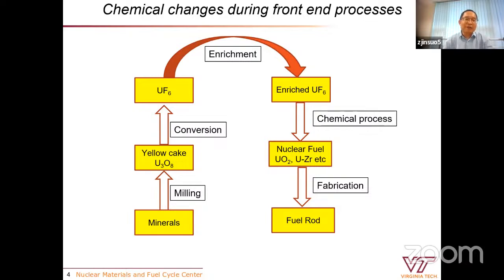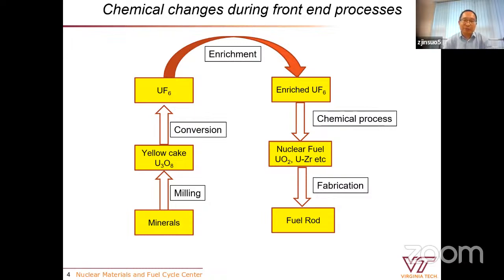After another chemical process, you can convert this enriched UF6 into nuclear fuel in a different chemical form, for example uranium dioxide, or uranium metal mixed with zirconium as a metal fuel. We use zirconium to stabilize uranium metal because uranium metal itself has a low melting temperature.